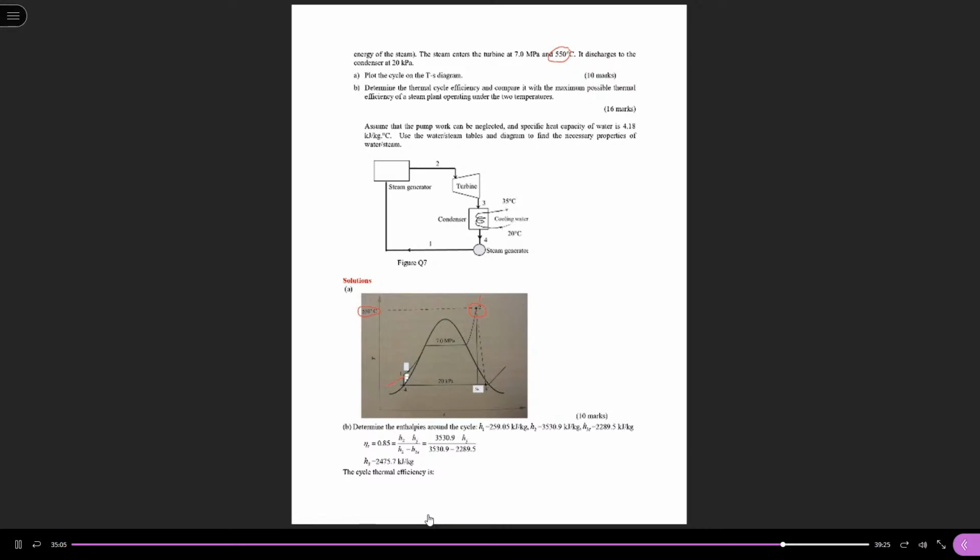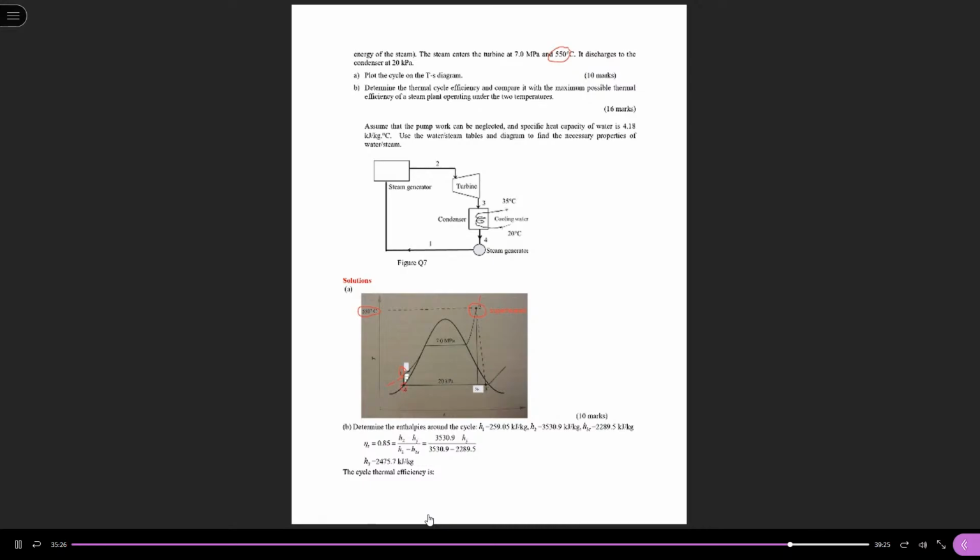So we got state 2. We also get state 1 or state 4 because this is wet saturated.